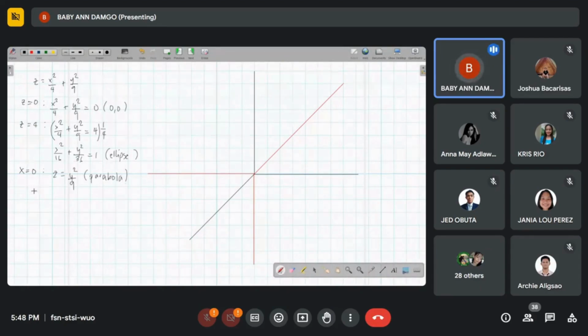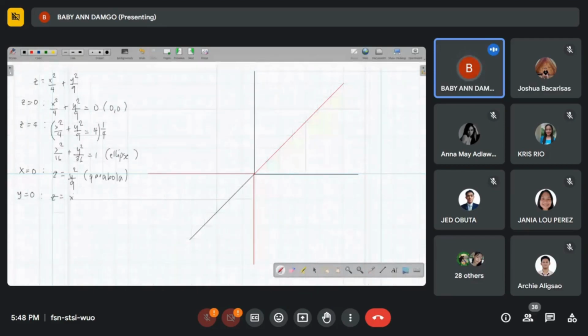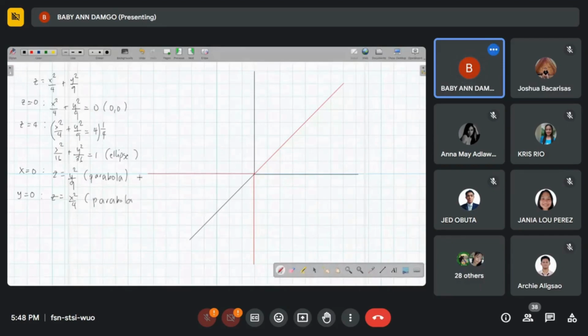Okay? And then we have y equals 0. So, this is z is equal to x squared over 4. This is also a parabola. Okay. Now, we can graph. So, for z equals 4, we 2, 3, 4.